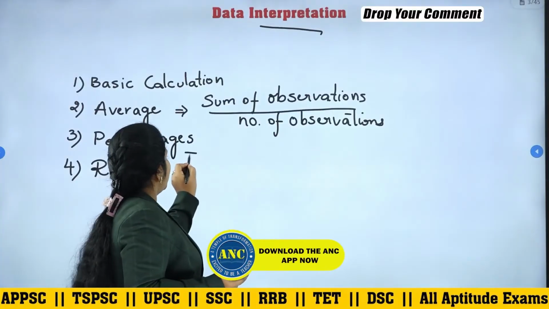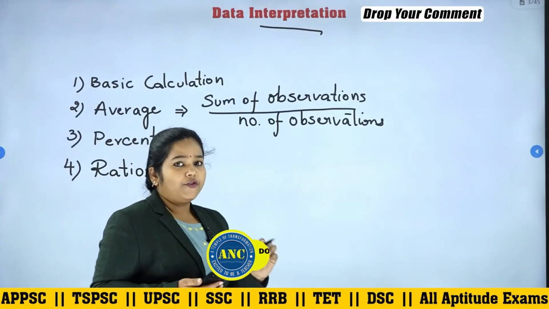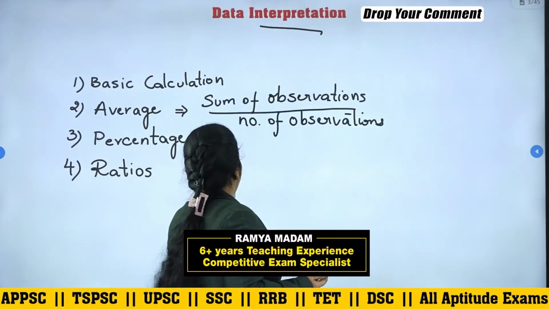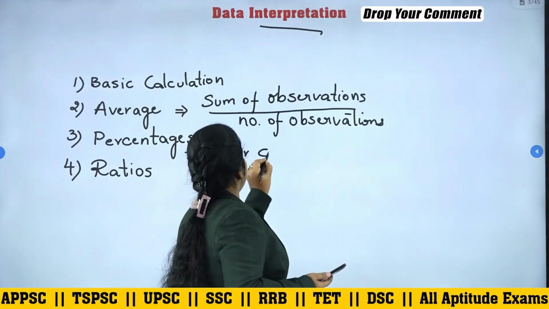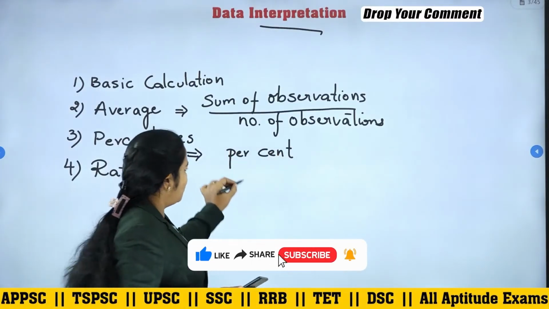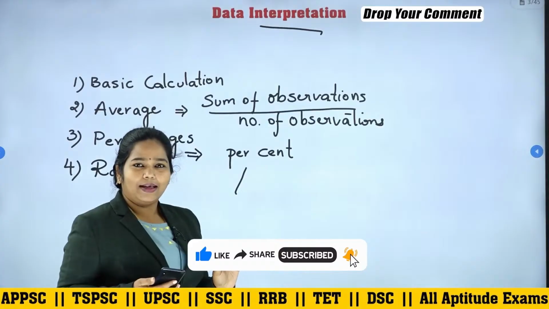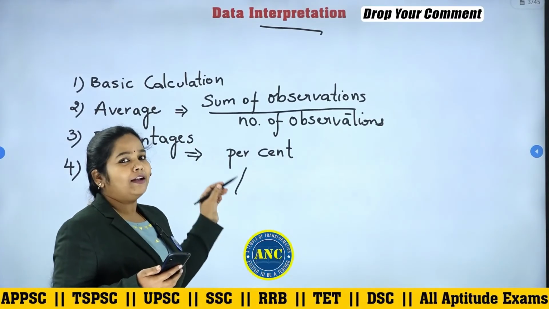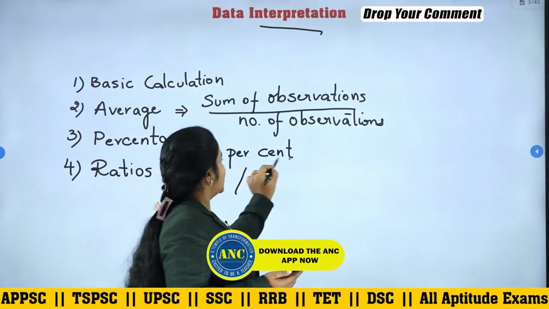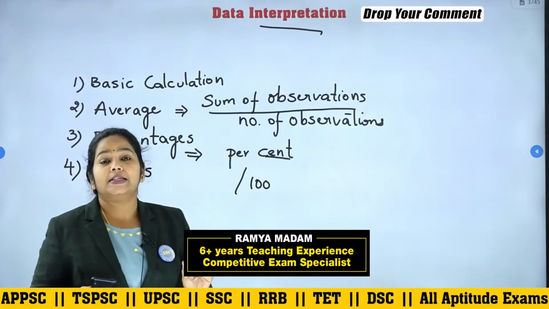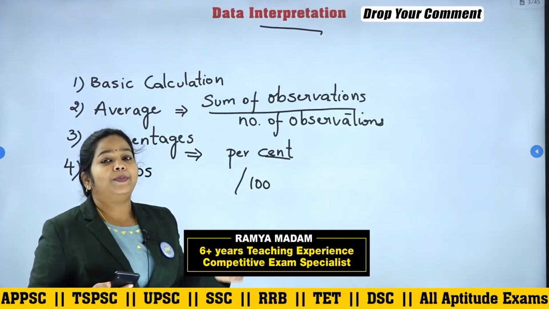Then in percentages, first of all, do you all know what is meant by percent? Per is denoted in the form of a slanting line. Cent is nothing but 100. So percent is per 100.